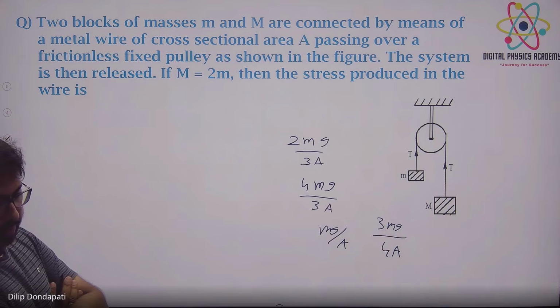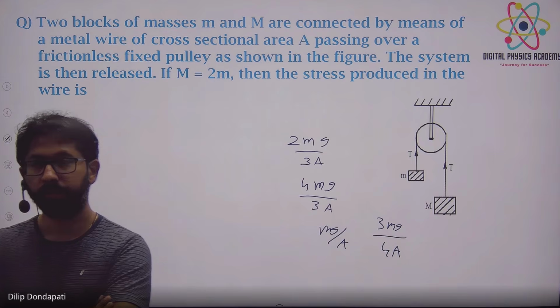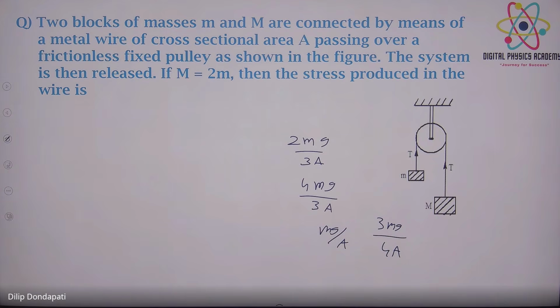देखें, टेंशन का शॉर्टकट फॉर्मूला यूज करो: 2 m1 m2 by m1 plus m2 into g.